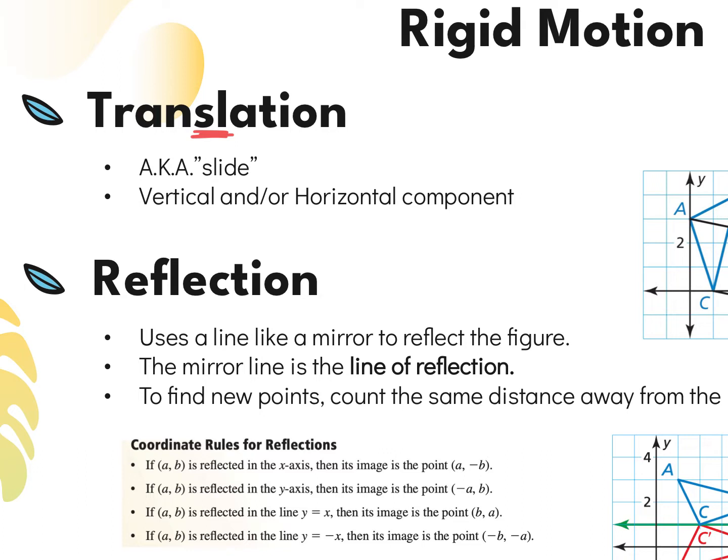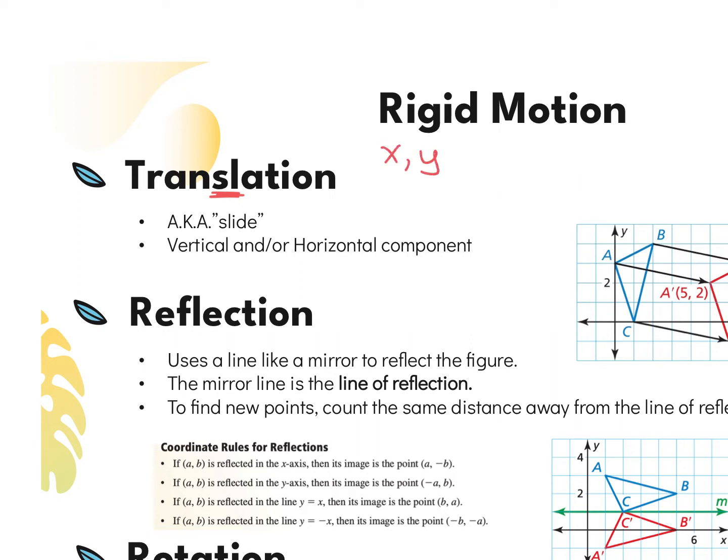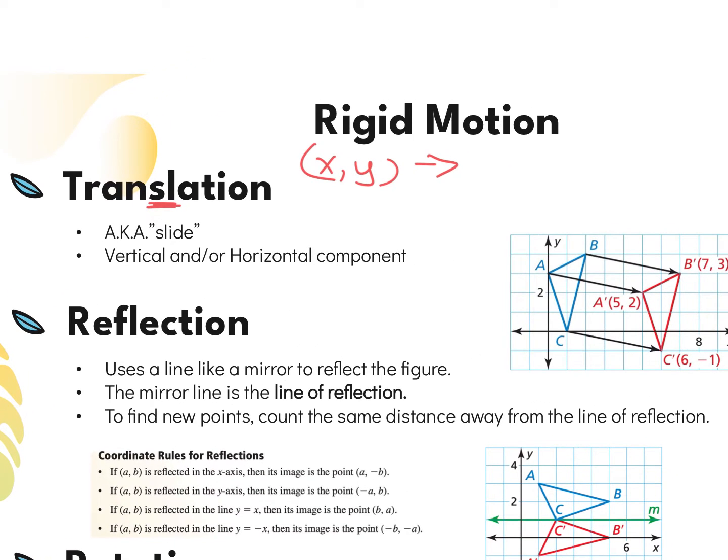And what's going to happen is they're going to give you a rule. And you're going to be given ordered pairs of your original shape. And then they're going to tell you some kind of movement to each of the ordered pairs. So for example, your x will either have something added or subtracted to it, and so will your y.